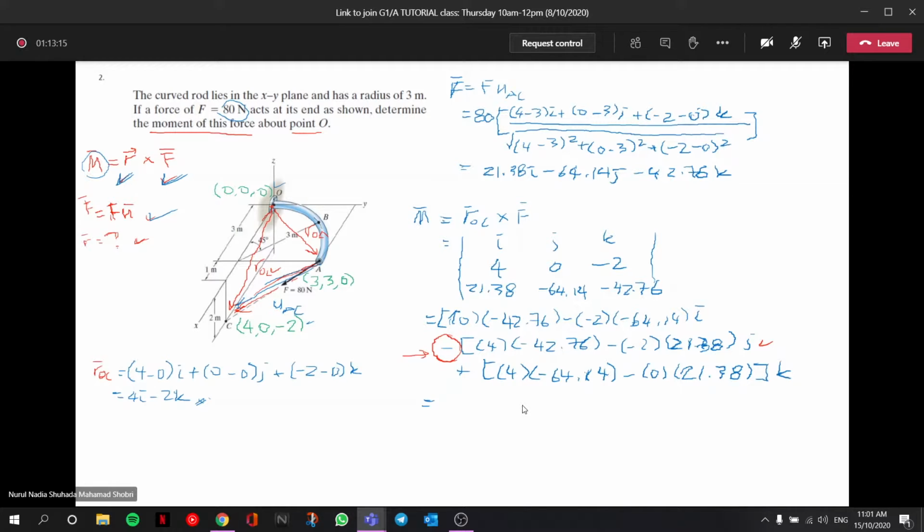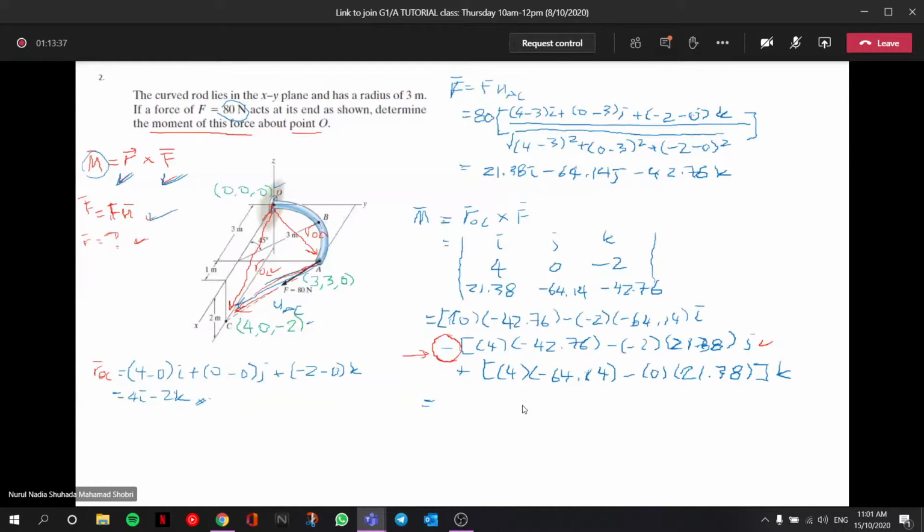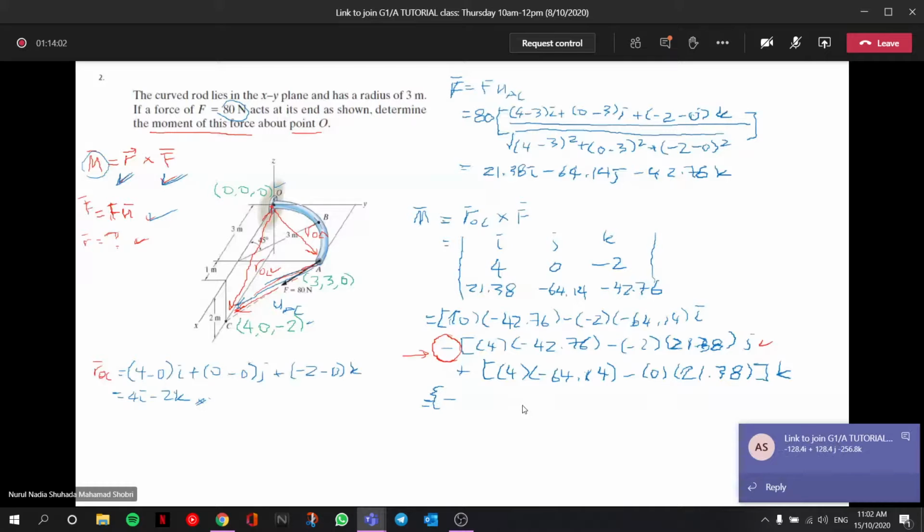Do you solve the vector of M? Can you try again?